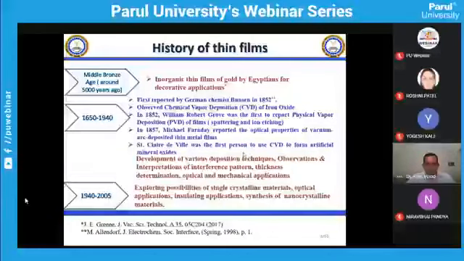A film is considered to be thin when its properties significantly differ from the bulk. With a small introduction of that, when it's the thin films.